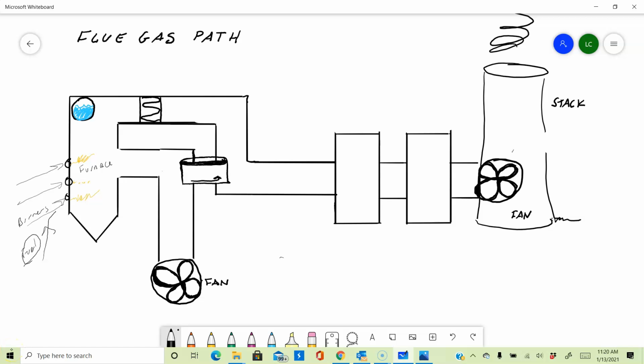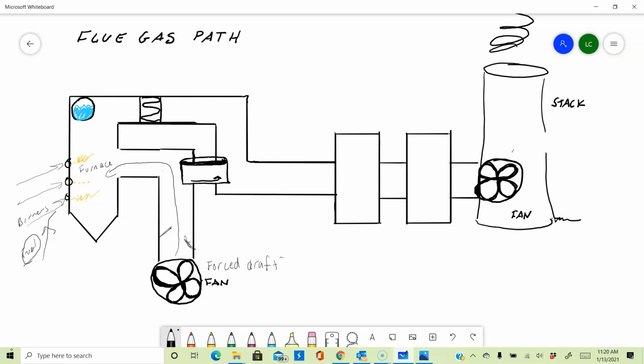And in order to get this combustion in here, we need to add air, and that can be done naturally, and that would be natural draft, or it can be done by a forced draft fan, which would be this fan right here. And that's going to blow air into your furnace and help with combustion and make the magic happen in your furnace. So you can control that with dampers, which we will talk about in detail.